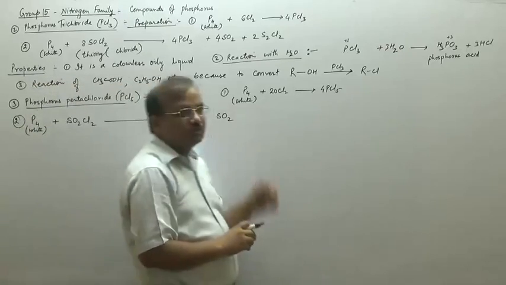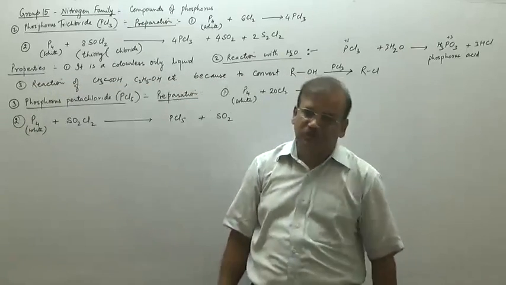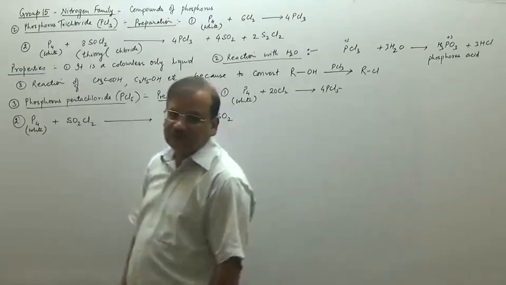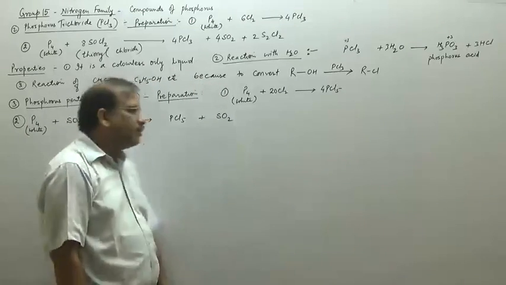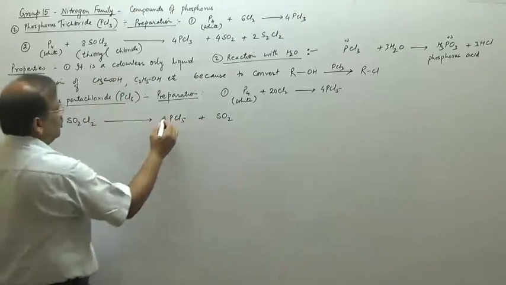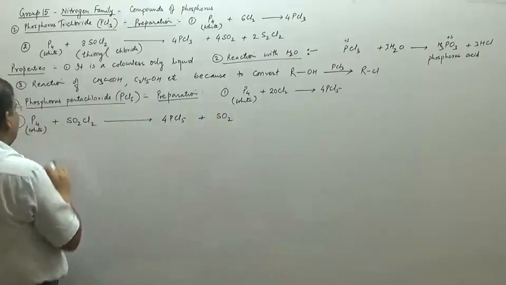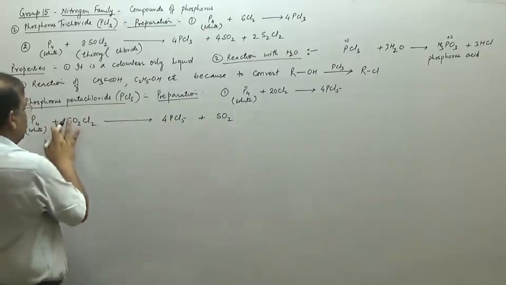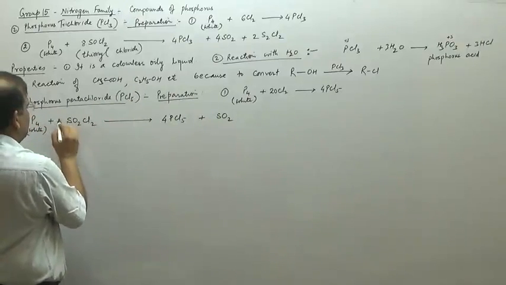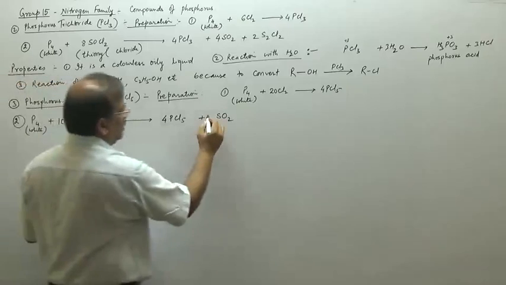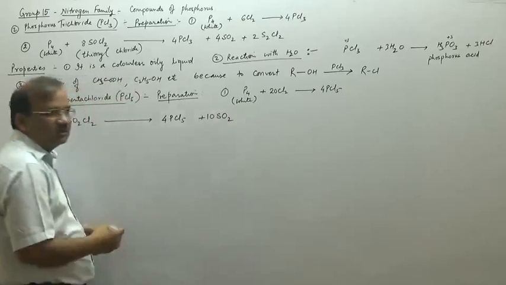There is no sulfur monochloride formed in this reaction. That's the difference. We require 4 PCl5 because we are using P4, and Cl2 requires 10, so 10 SO2 is formed in the reaction.